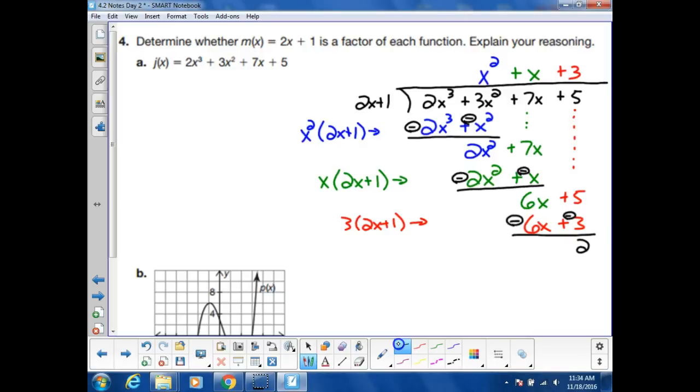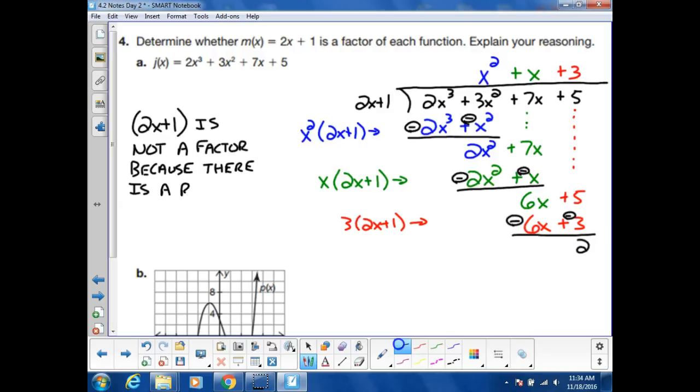So 2x plus 1 is not a factor because, it said explain our reasoning, because there is a remainder of 2. Yeah. So that one is not a factor.